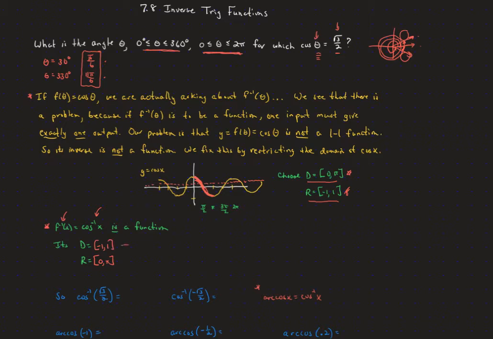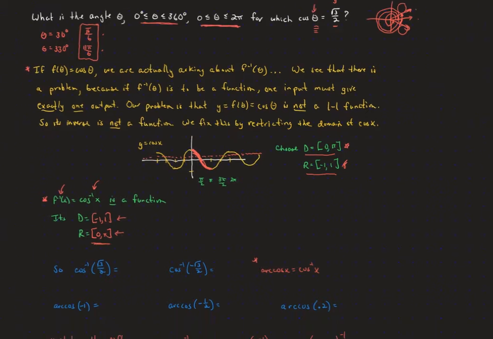So we can input any value between -1 and 1, and what we will output is going to be an angle in radians, or we can do degrees. We'll mostly talk about radians, but degrees would be okay too. But we're going to output an angle. And for an inverse cosine, we're only going to get angles between 0 and pi.